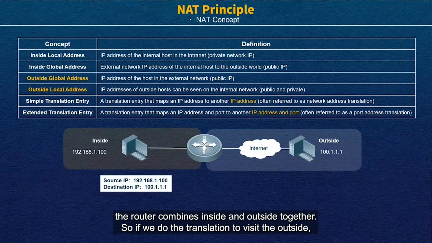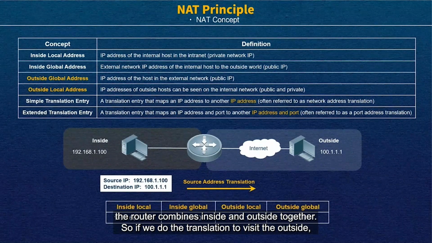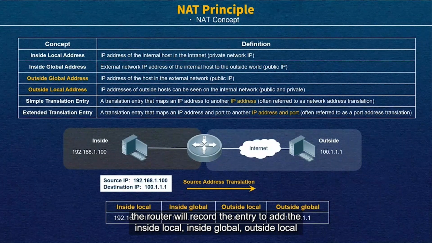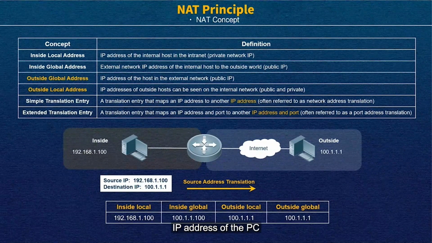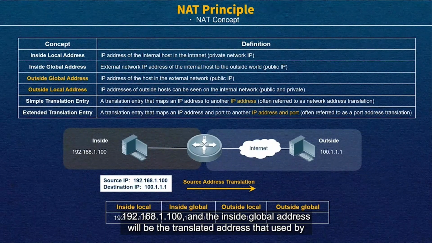So if we do the translation to visit the outside, the router will record the entry to add the inside local, inside global, outside local, and outside global information. So you will find the inside local is the real private IP address of the PC, 192.168.1.100.